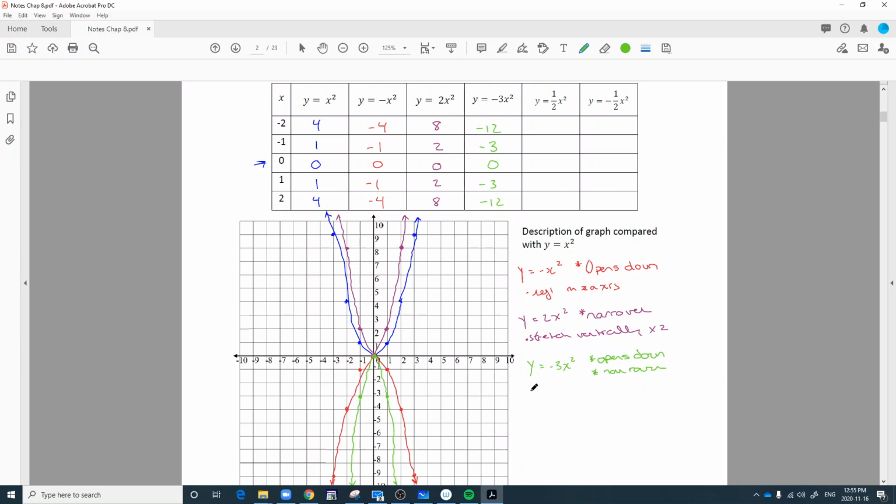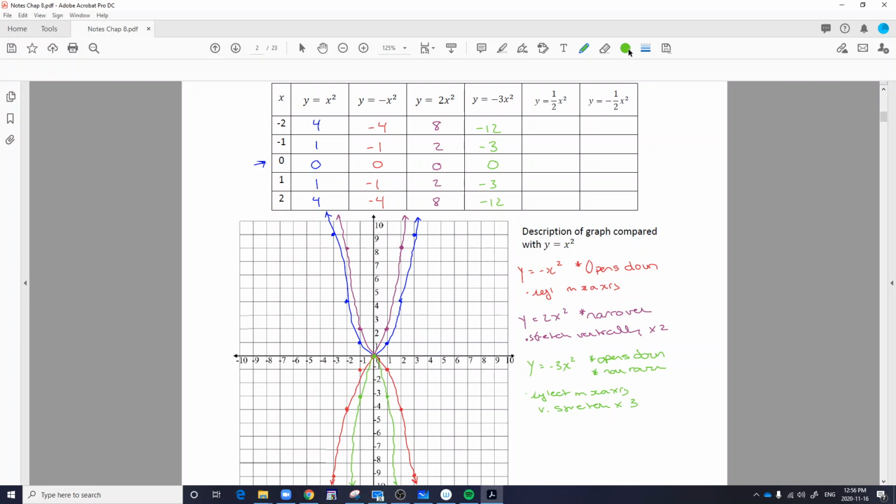If I was talking in terms of Math 60 words, I would say that it is reflected in the x-axis and it is stretched vertically by a factor of 3. But again, that's kind of getting used to the language. In Math 50, they definitely just say narrower or opens down. But if you want that, you don't have to write this. Reflection in x-axis and vertical stretch by 3.